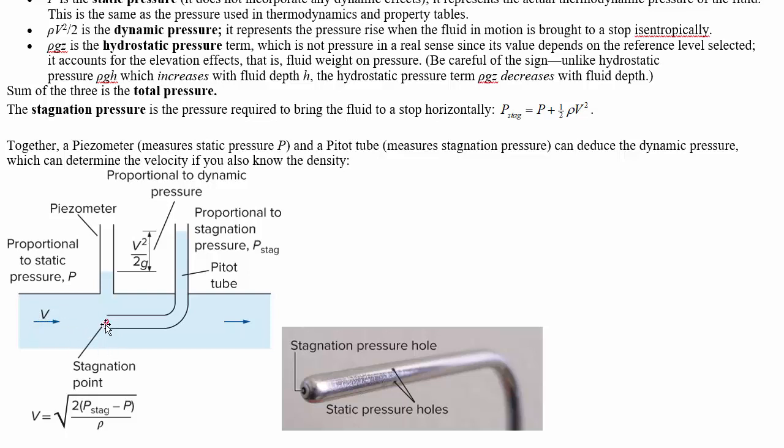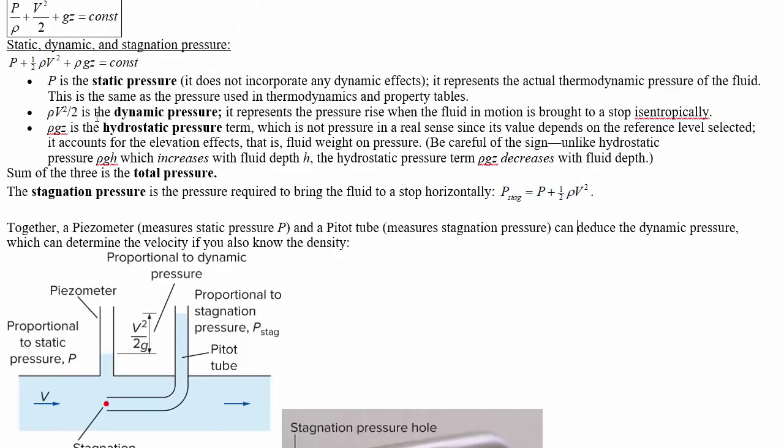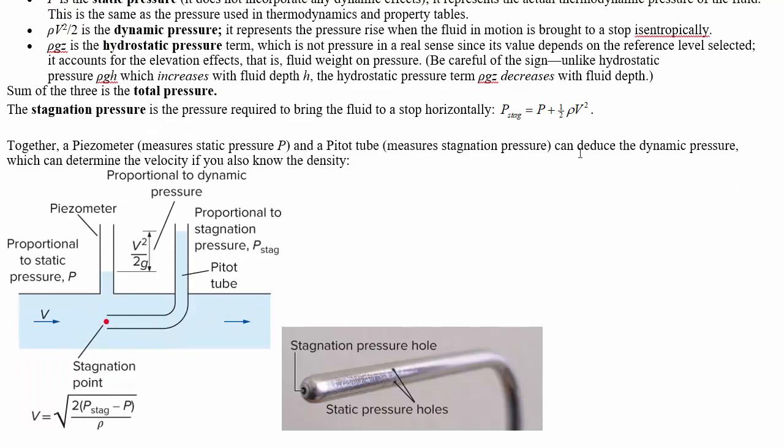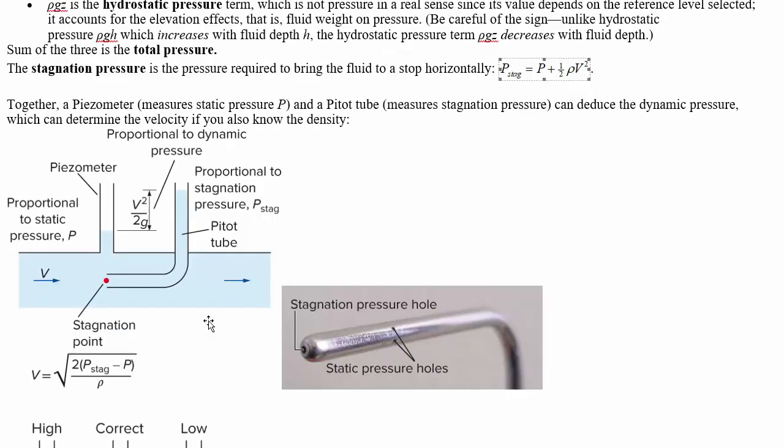The flow velocity here must be 0 in equilibrium, but because of the angle, we've increased the pressure at this point compared to what we would have had here because we captured the dynamic pressure. So the dynamic pressure is measured by the Pitot tube in addition to the static pressure. So you still get the static pressure and you get the dynamic pressure with this thing. So by looking at the difference in the two, you can figure out what this half rho v squared is.